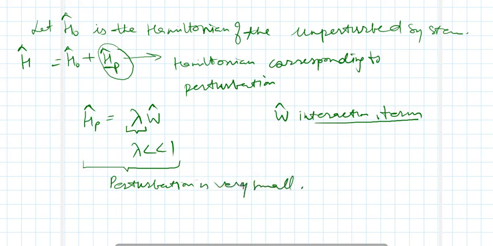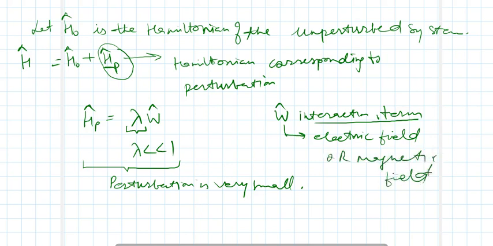So this is how we start developing the theory of perturbation. This W may be because of the electric field or the magnetic field or anything else. It represents the interaction because of these things.